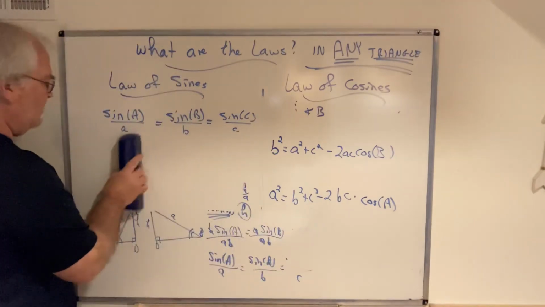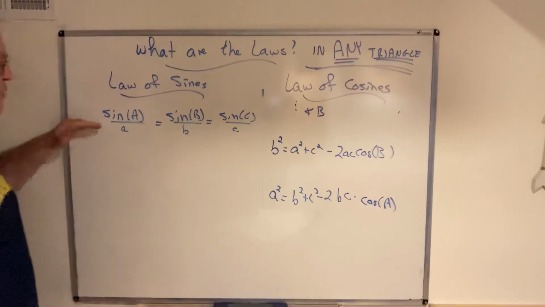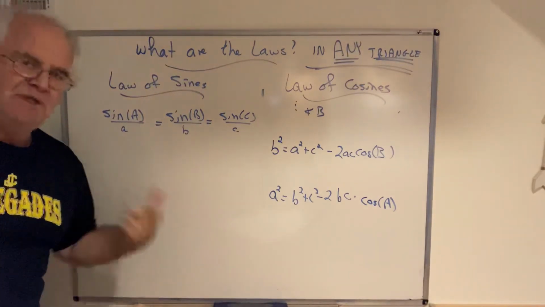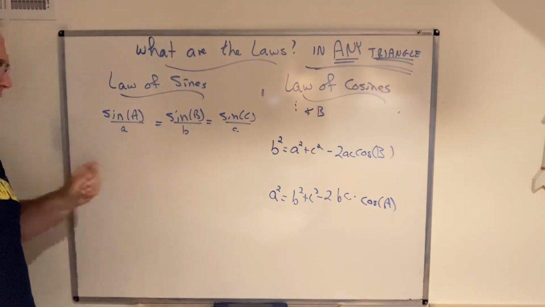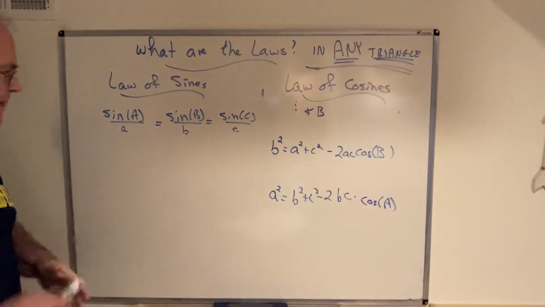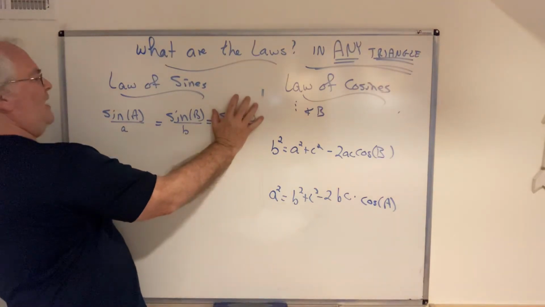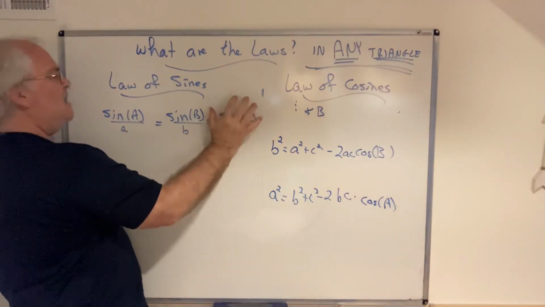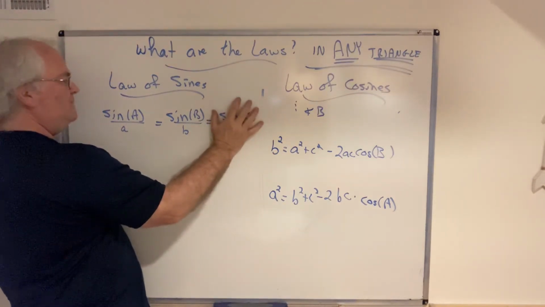One other bit over here. There's just one statement, but it shows up three different ways. There actually are three equalities here. Do you see all three equalities? We have that ratio: sine A over A is equal to sine B over B. Sometimes you will use that and leave off the C's.